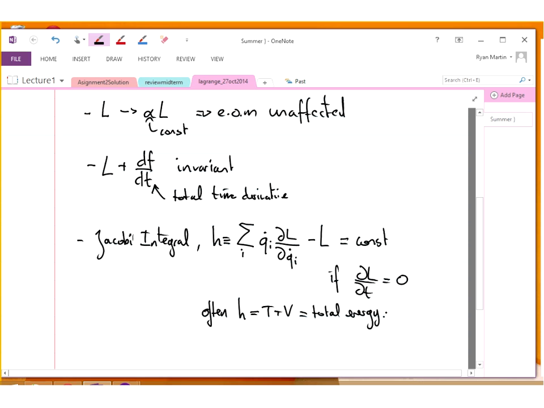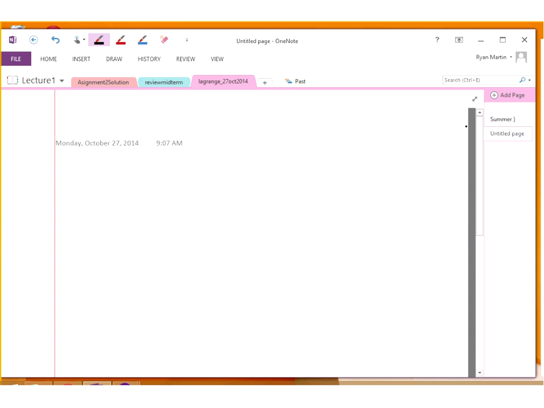So again, if the Lagrangian does not depend explicitly on time, then the total energy is conserved. And then we did an example of that for a simple harmonic oscillator.